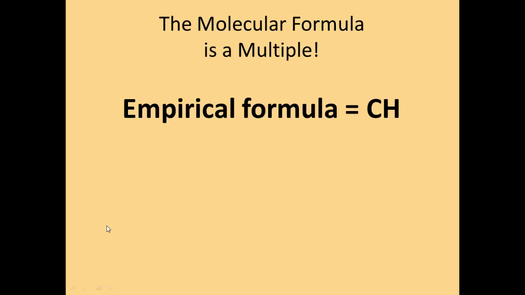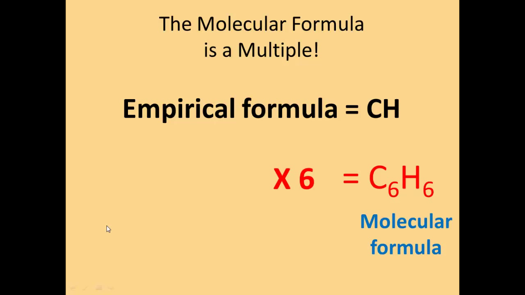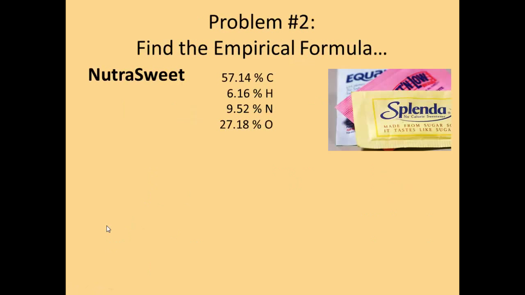Here's what we do with that information. We take our empirical formula, which is CH, and we multiply every single subscript by the value 6. Since we had C1H1, our molecular formula must be C6H6.